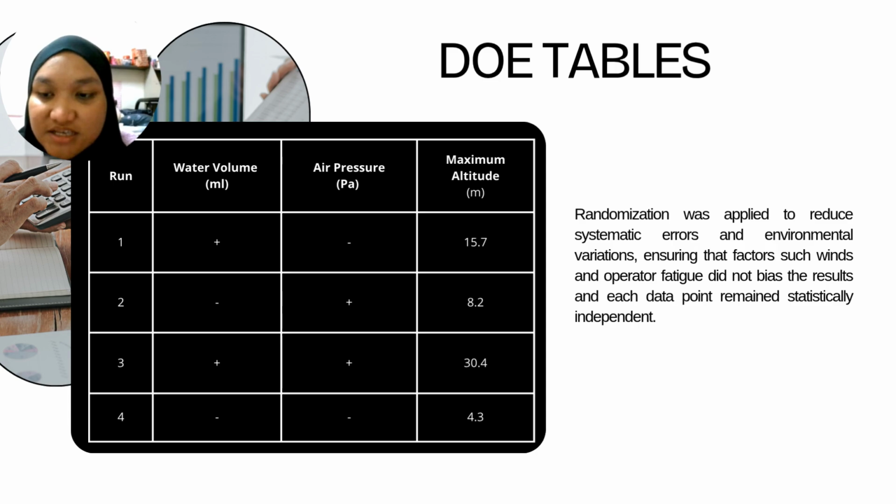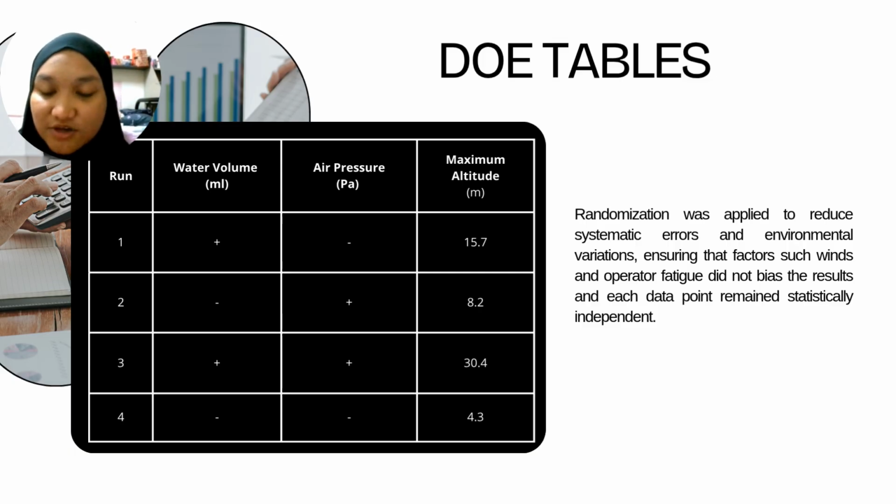For the first test, we use higher water volume than air pressure, and we get our maximum altitude of 15.7. For the second test, we use lower water volume than air pressure, and we get a slightly lower maximum altitude than the first test, which is 8.2.